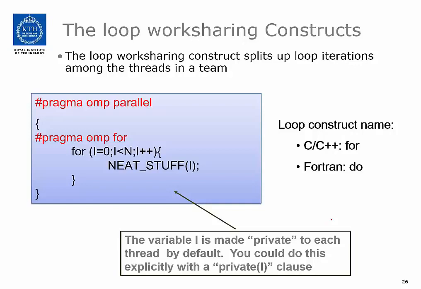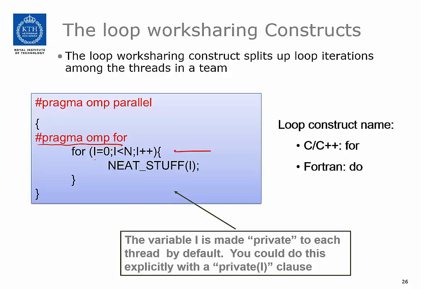So the loop work sharing construct, its name is pragma omp for. In Fortran it's called do, because a for loop in Fortran is called a do loop. So the for work sharing construct works on the next statement, which has to be a for loop like this one.